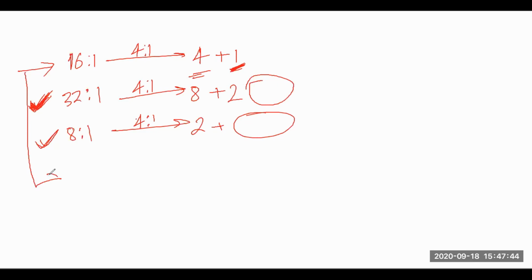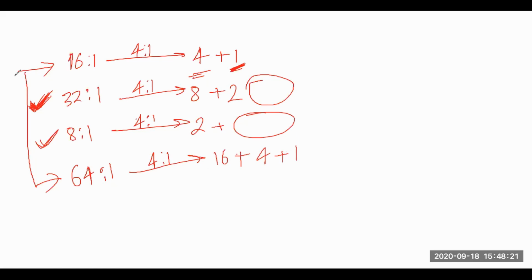So one more example, like if you take 64:1. Okay, so if you want to implement it by 4:1 multiplexer, you can do this. So if you convert it, you will divide 64 by 4, you need 16 4:1 multiplexers in your first case, then you need 4 4:1 multiplexers in your second case, then you need 4 divided by 4, that is 1.